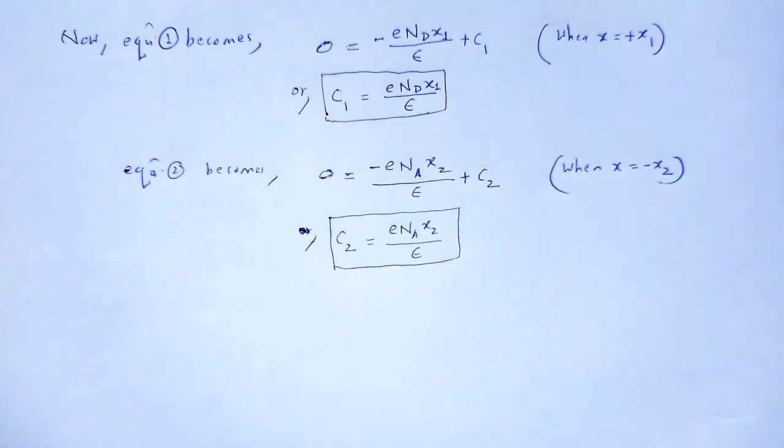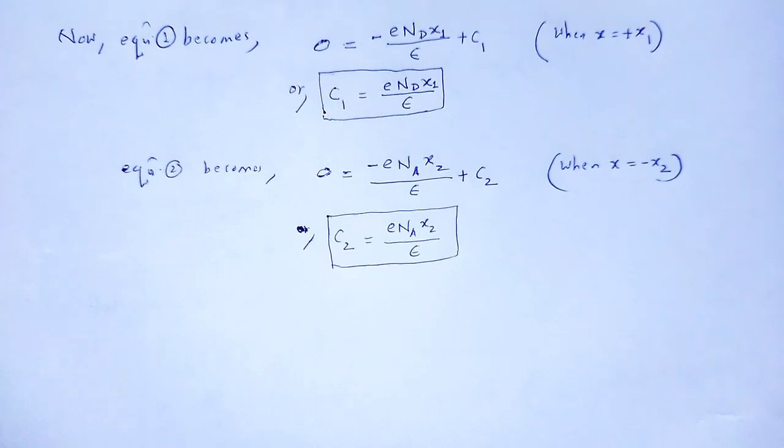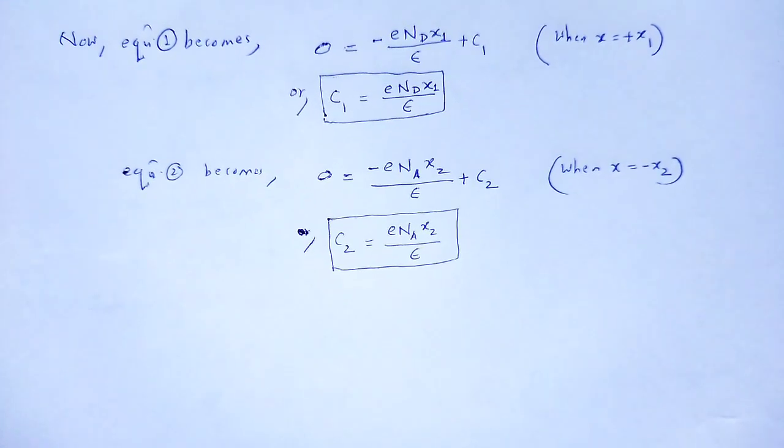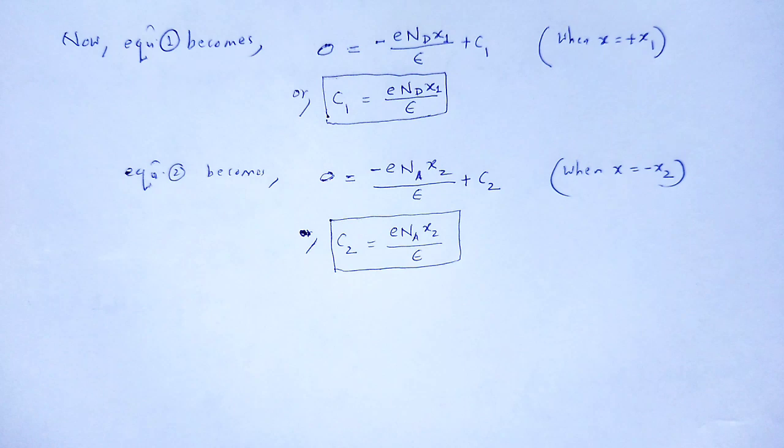These two constants of integration are now evaluated, but we know the relation between electric field and potential. Electric field is a negative of potential gradient.